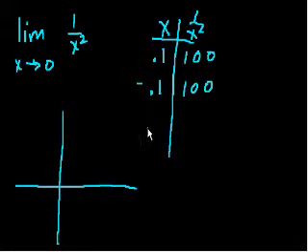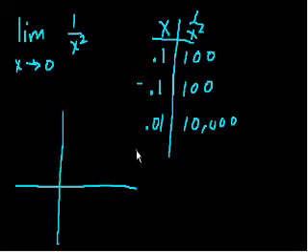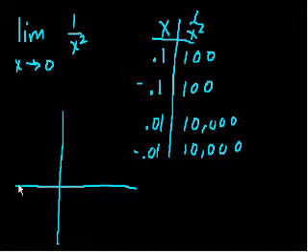And similarly, if we say x is 0.01, if you evaluate it, you'll get 10,000. And if we put minus 0.01, you'll get positive 10,000 as well, because we square it. So this graph, if you were to draw it, if you have a graphing calculator, you should experiment, looks something like this.